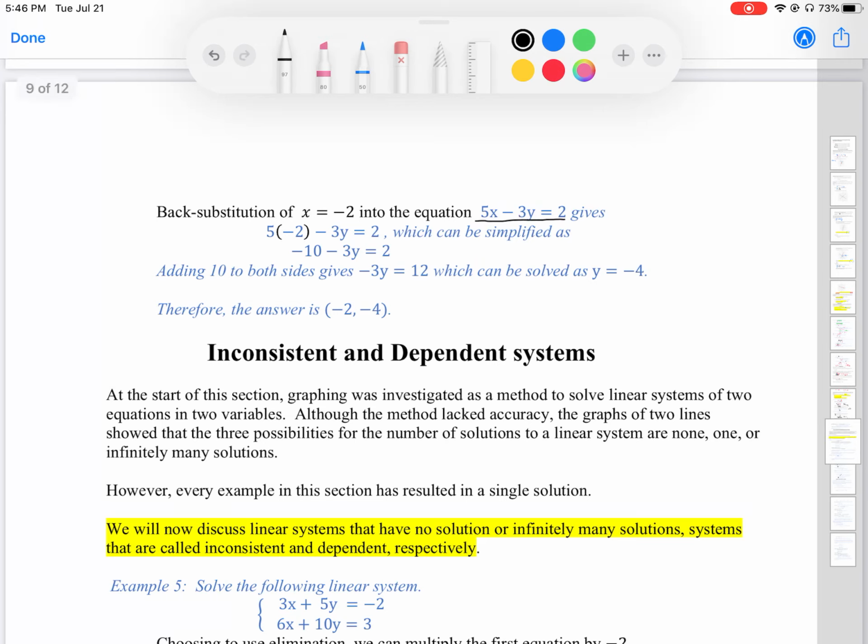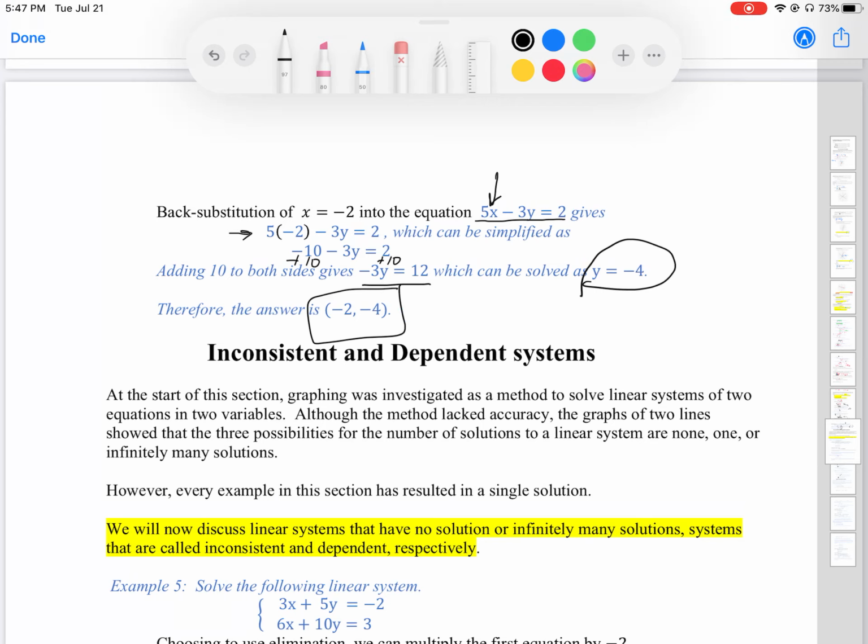Let's choose this one. We plug in -2 for x. We get -5 times -2 minus 3y equals 2. We get 10 minus 3y equals 2. We subtract 10 from both sides. We get -3y equals -8. We divide by -3. We get y is 4. So this is our answer.